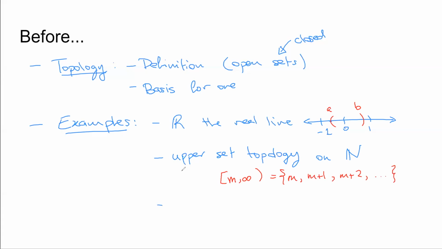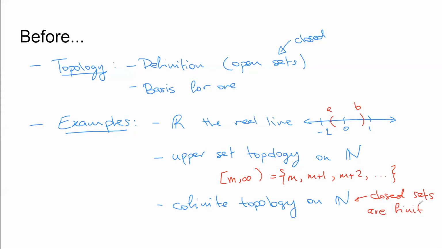In addition to the upper set topology on the natural numbers, it's also useful, and it's going to be important today, to be comfortable with the cofinite topology on the natural numbers as well. The closed sets are the finite sets. So all of the open sets are those sets whose complement is finite.